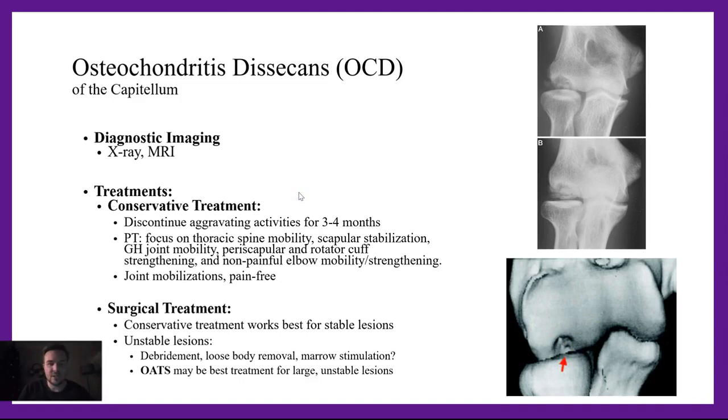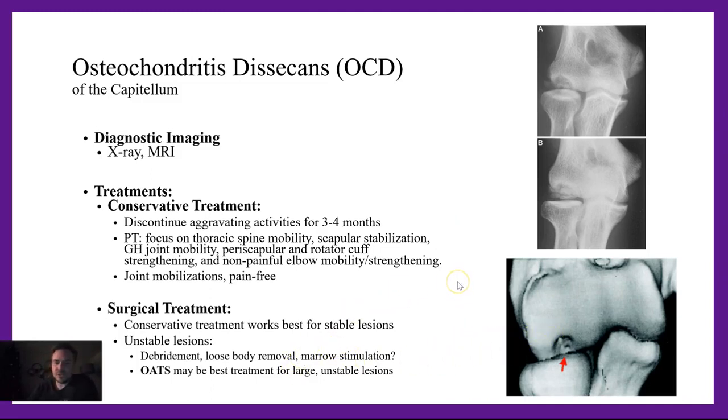So if it is a small and stable lesion, meaning cartilage has been impacted like this, but is stable, then they try to manage this conservatively through activity modification. If it is unstable, they can go in and debride this area.